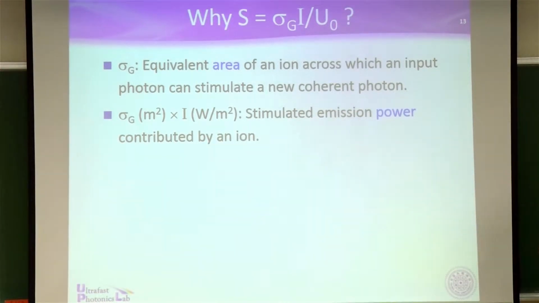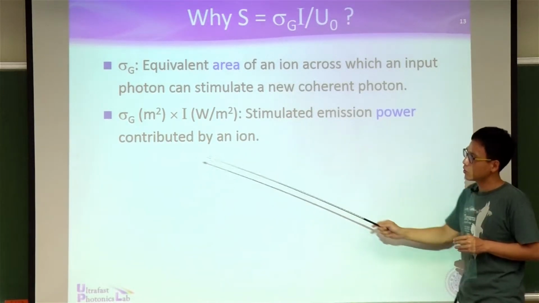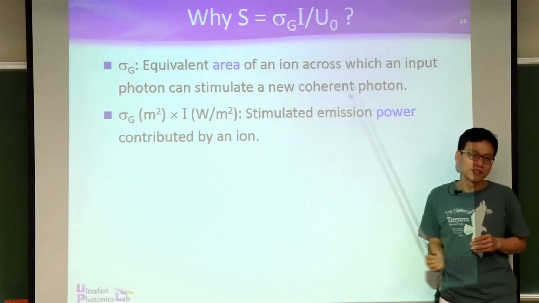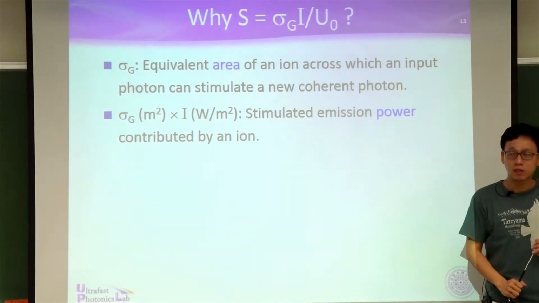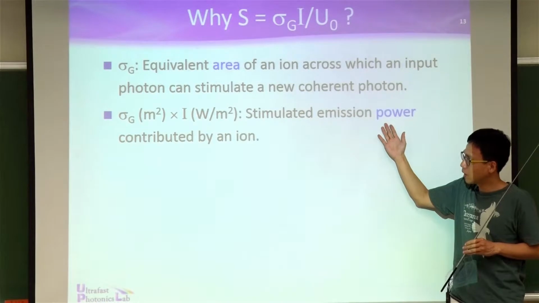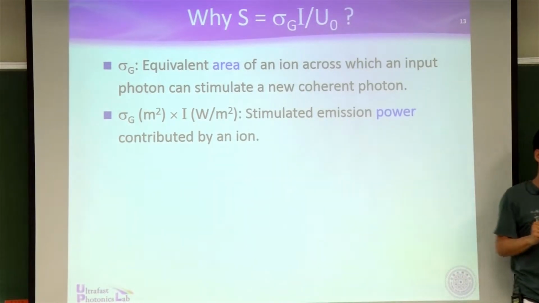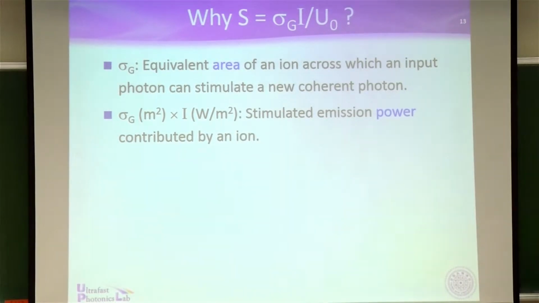But you can imagine this is a very small number, because a single ion can contribute only a very weak output power, since sigma g is usually very, very small. So this is the light power due to a single ion.